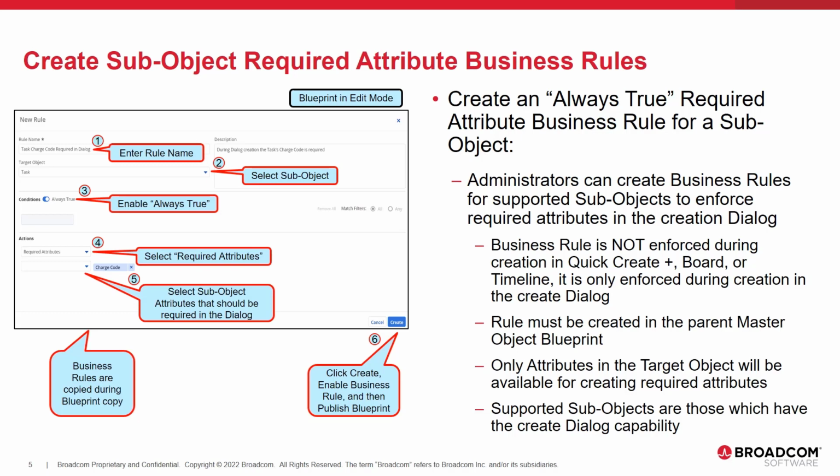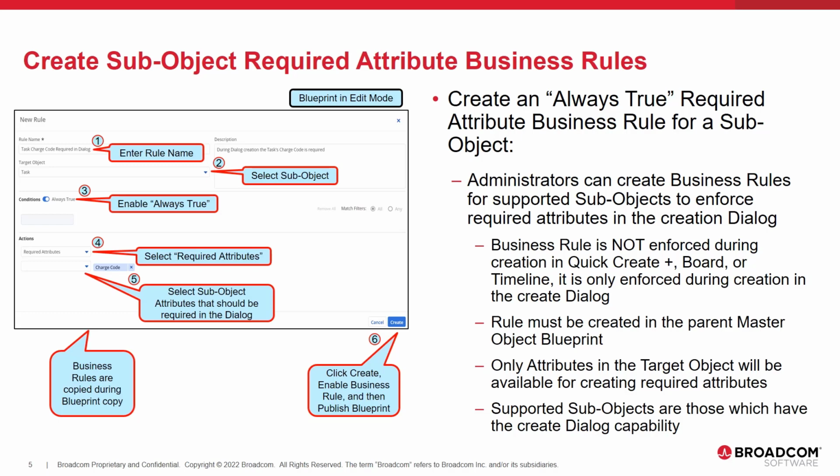Next, let's take a look at how to create required always true business roles for sub-objects. First, you need to put your blueprint in edit mode, and you would enter the role name and description like you normally would for any other business role.